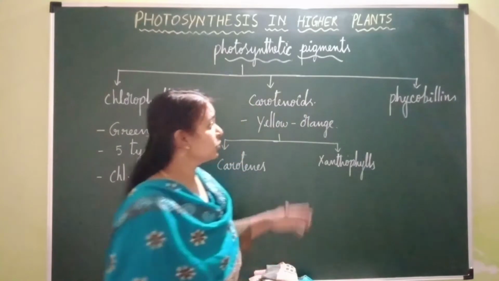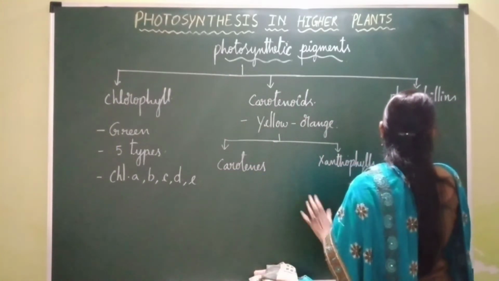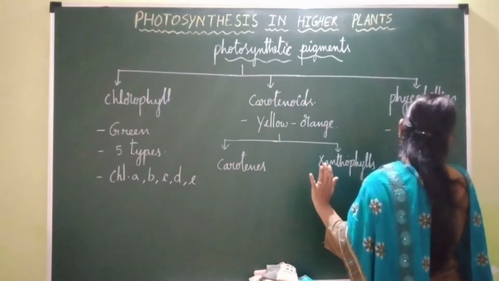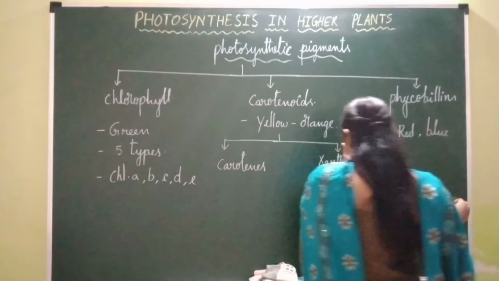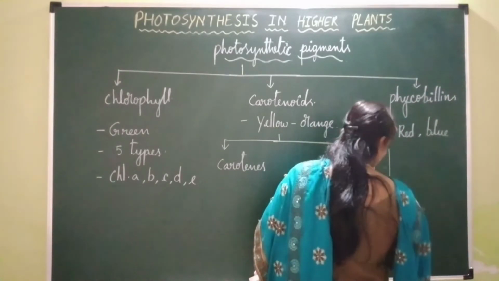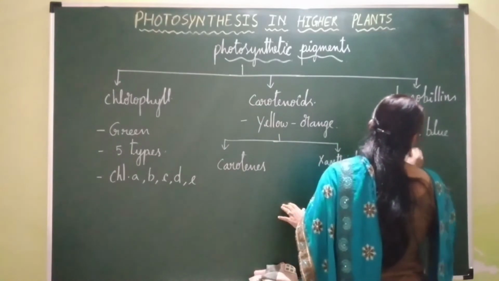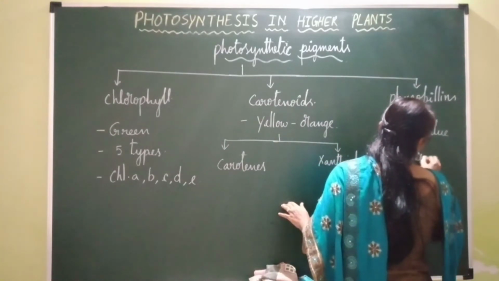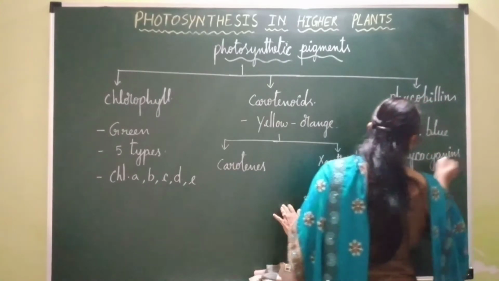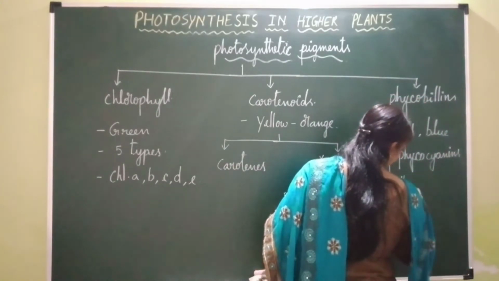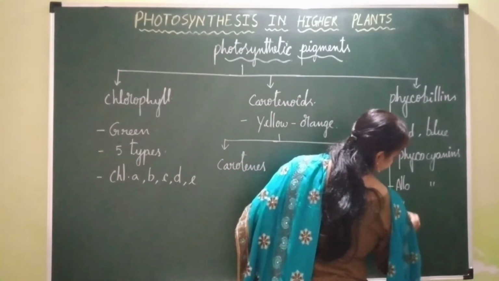Now coming to phycobilins. These are red to blue in color, and they are of 3 types. They are phycocyanins, allophycocyanins and phycoerythrins.